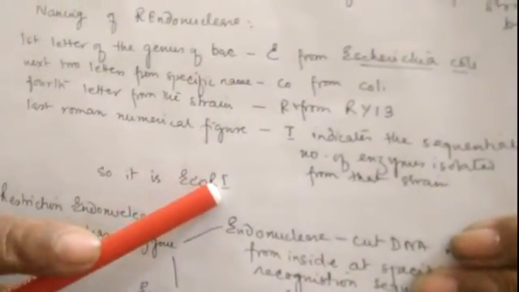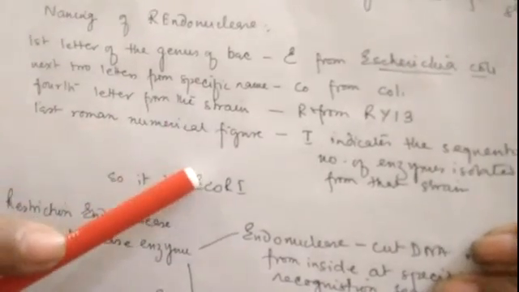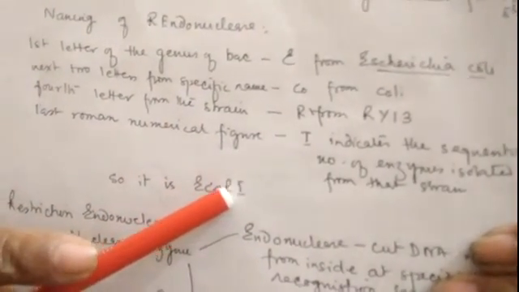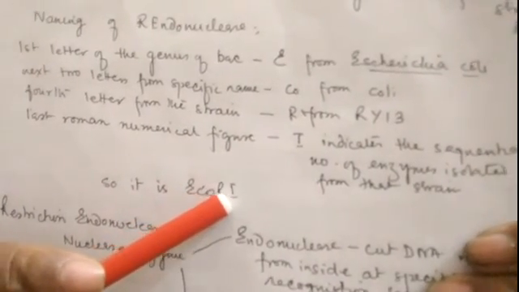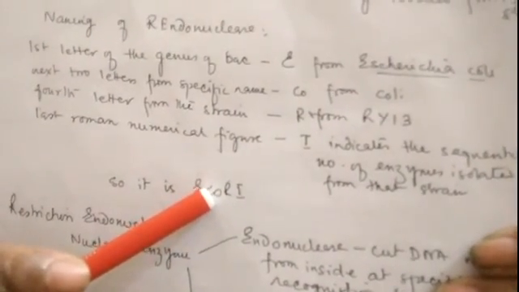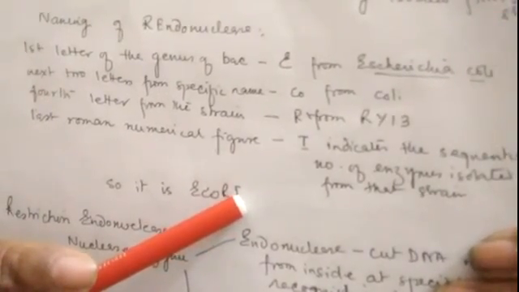So EcoR1 is the name of the restriction endonuclease isolated from Escherichia coli RY13, and this is the first enzyme to be isolated.